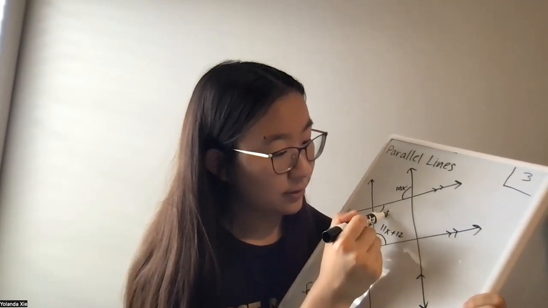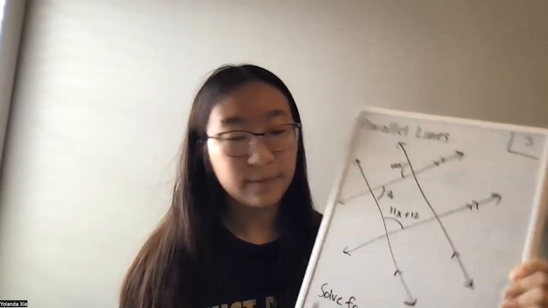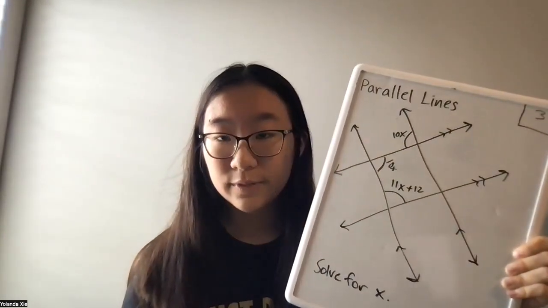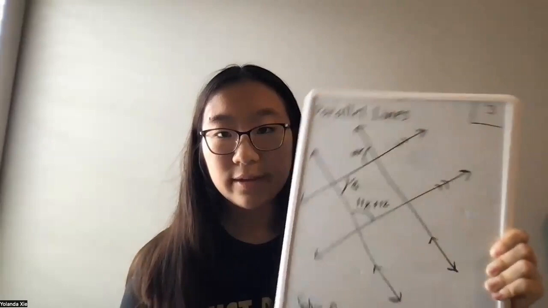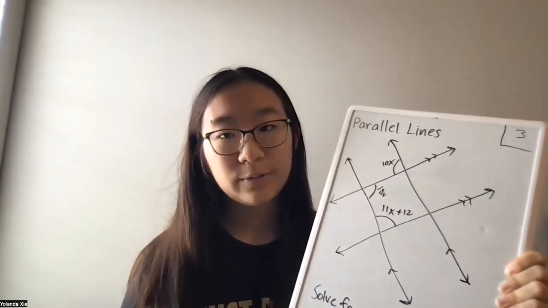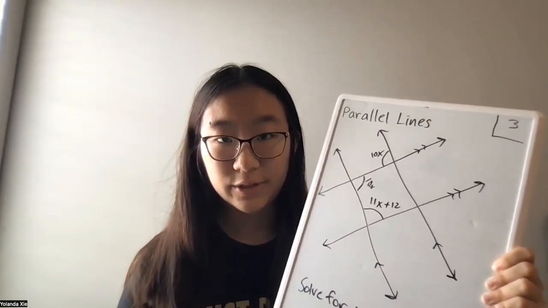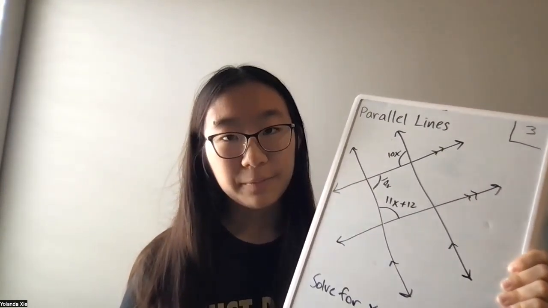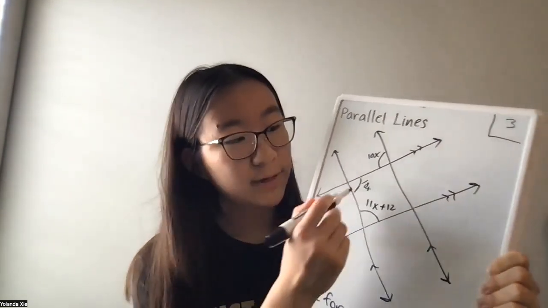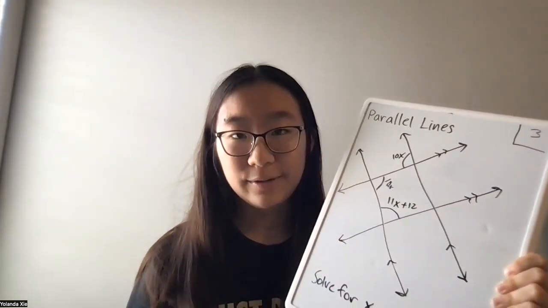So this right here is also 10x. Okay, and now the next thing I noticed was that this angle here and this angle are same side interior angles. And we learned that those are supplementary. So essentially, these two angles will add up to 180 degrees.